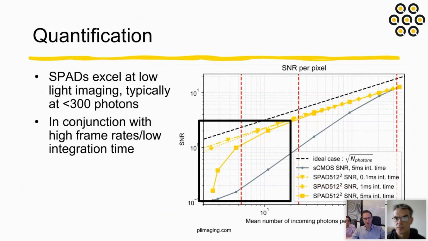However, because of the excess noise, this quantum efficiency is effectively halved if you look at the signal-to-noise ratio. So we are actually looking at effective sensitivity between 40 and 45%, which is the exact same level that we have for SPADs. We have photon detection probability in the range of 40 to 45%, including the microlenses.